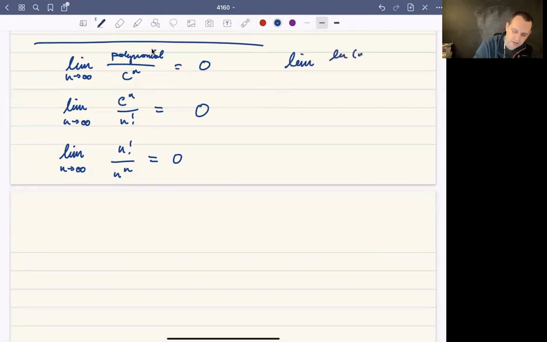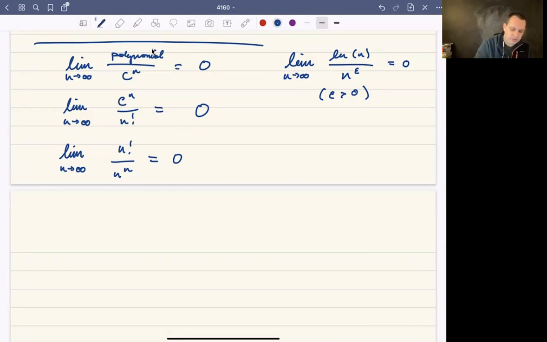So you would have natural log of n over n to the epsilon, and if epsilon is positive, this is going to also be 0. Okay, so here epsilon has to be positive. Logs grow slower than any constant fixed power of n. Okay, so they grow excruciatingly slowly. So the natural log grows slower than n to the 1 over a trillion.